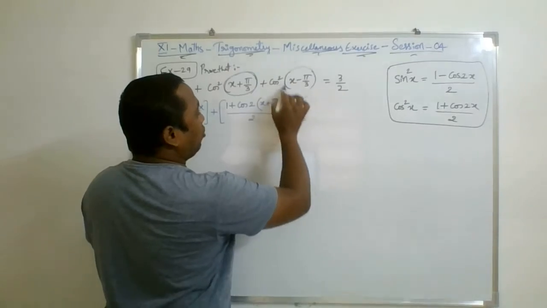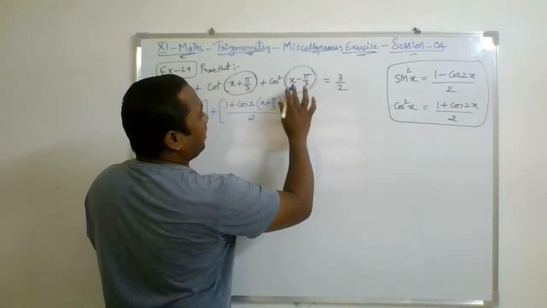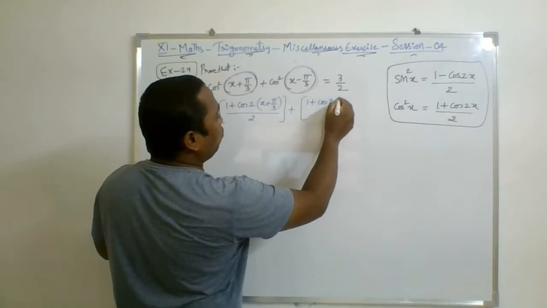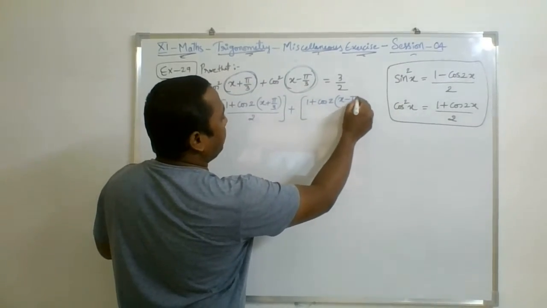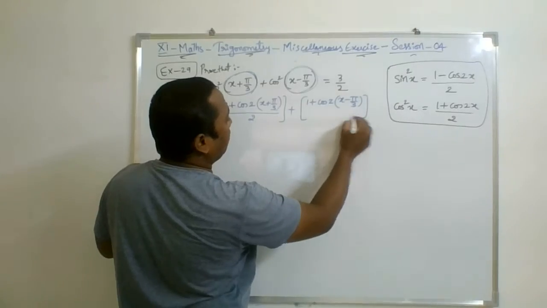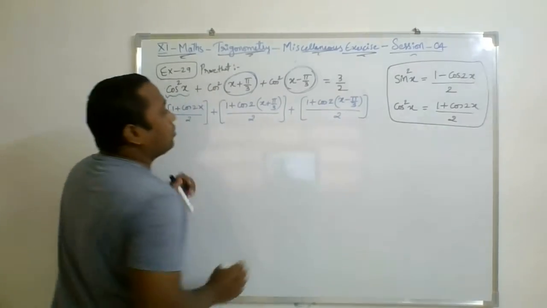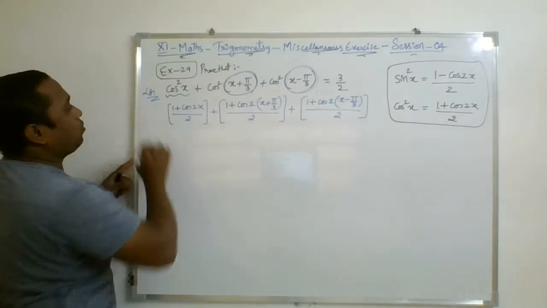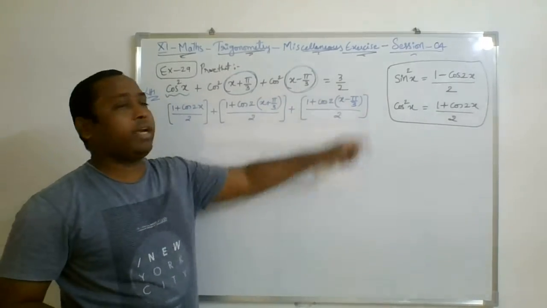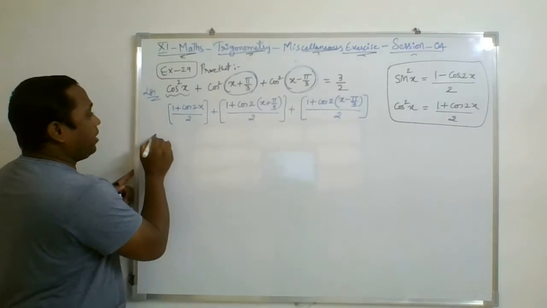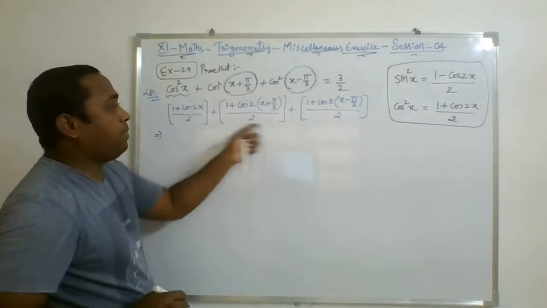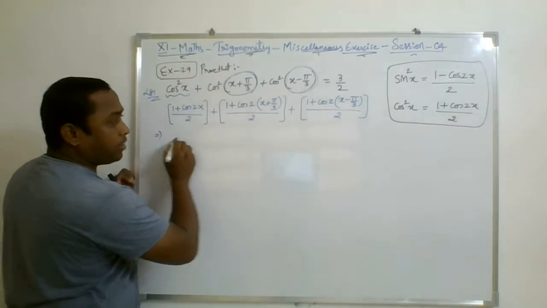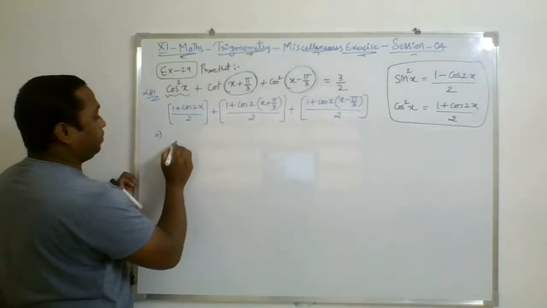Similarly, again assume it as x. Hence, when you apply the formula, 1 plus cos 2 times of x minus pi by 3 upon 2. So, I am using the left hand side to simplify to get 3 by 2. I know here 2 will be the LCM. So, I can take 2 as an LCM over here.